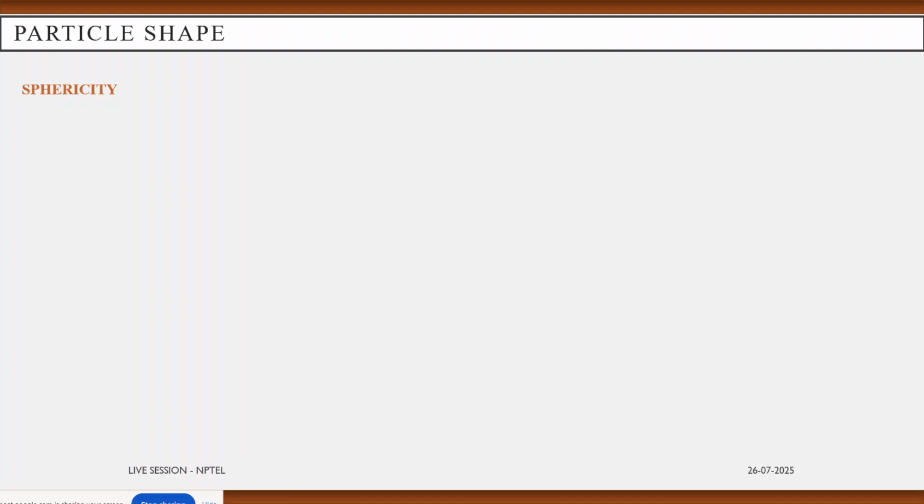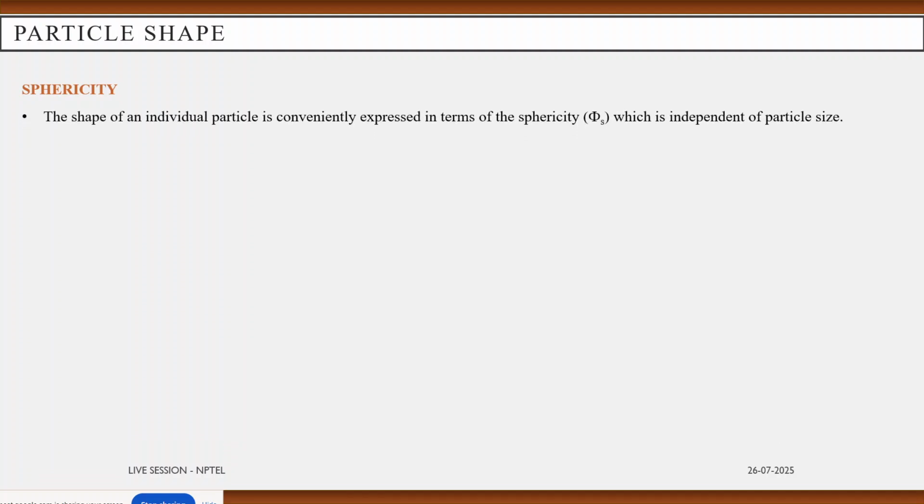So we will move towards the most important part, the sphericity. For the particle shape we are going to deal with, we need to know the sphericity. The shape of an individual particle is conveniently expressed in terms of the sphericity, which is independent of particle size. That is very important to remember.